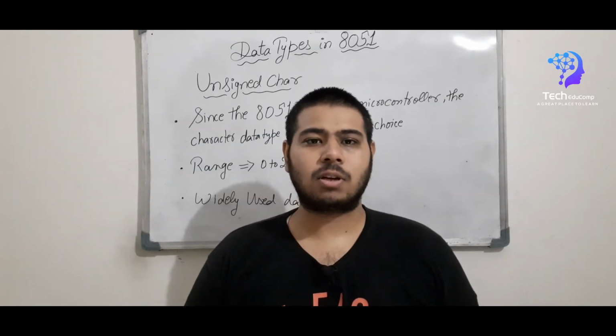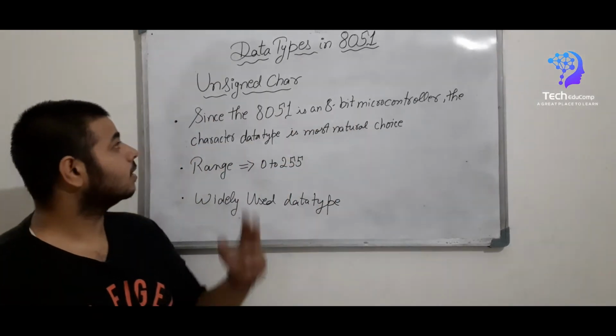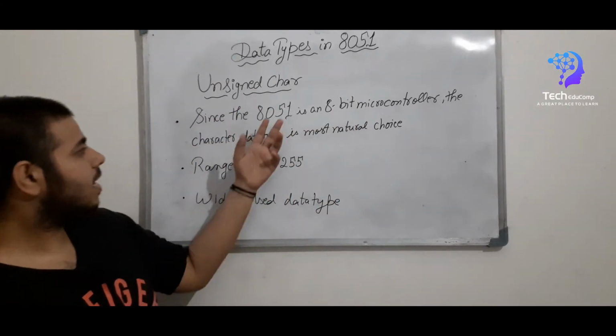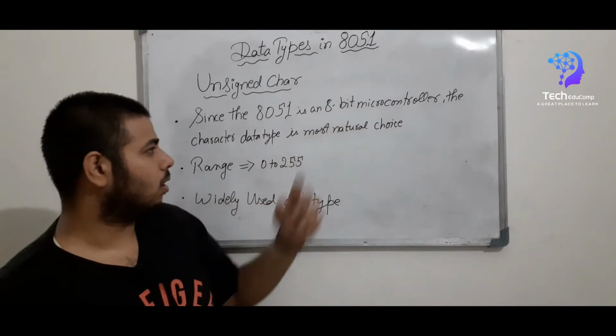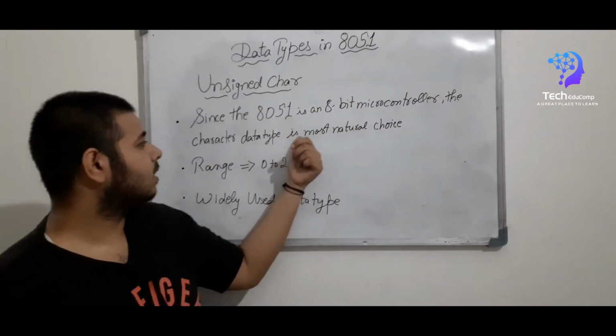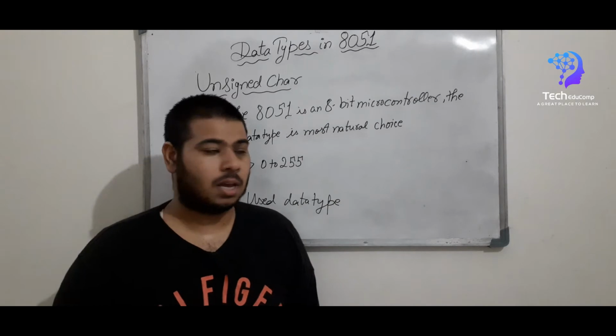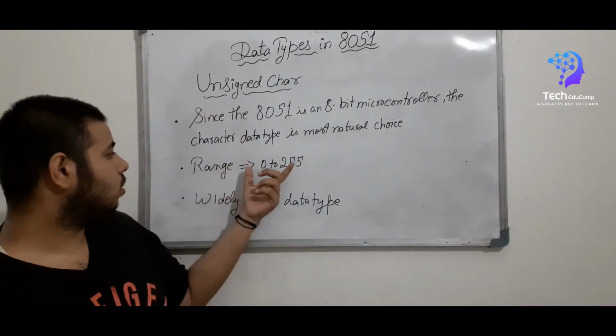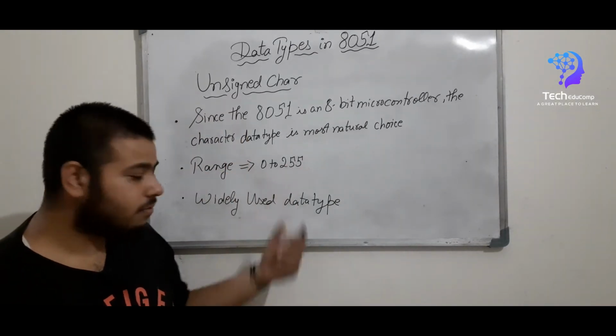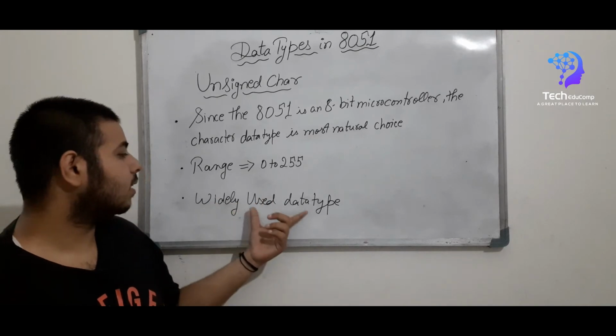Now let's talk about our first data type, that is unsigned character. Since the 8051 is an 8-bit microcontroller, the character data type is the most natural choice, and its range is from 0 to 255 and it is a widely used data type.